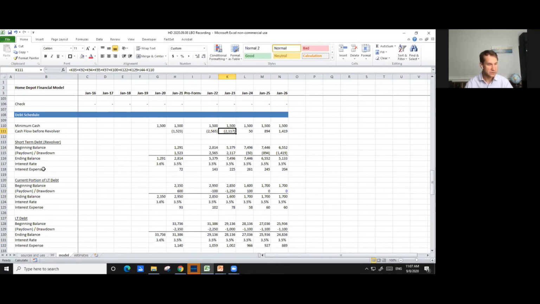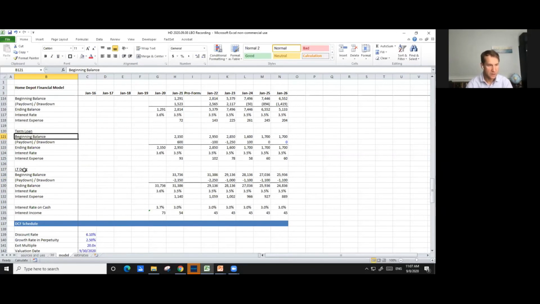So what happens to debt? Instead of short-term debt, I'll just use these schedules as placeholders. Revolver, I'll just call it revolver to match what I have in my sources tab. So I'll have revolver. I will have a term loan. I'll have senior bonds.